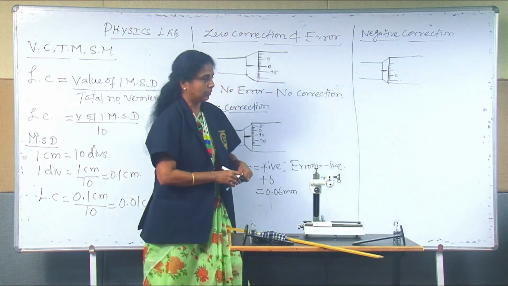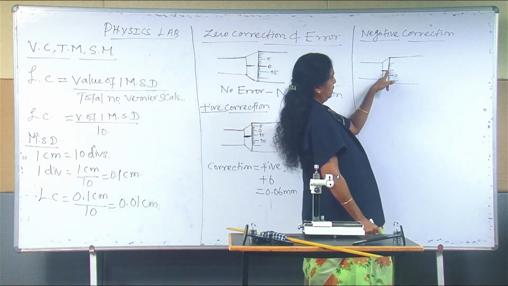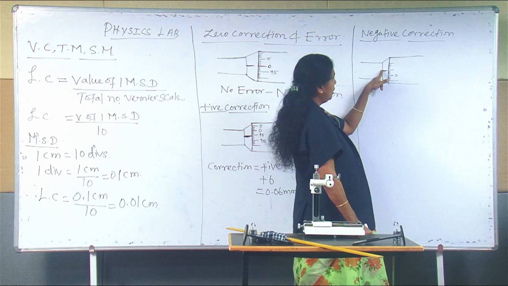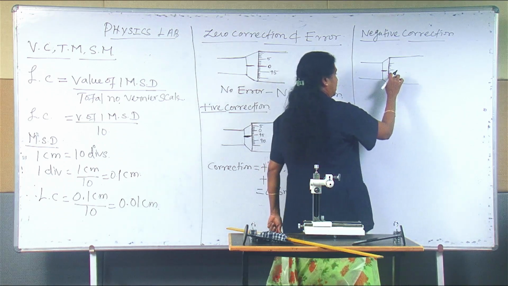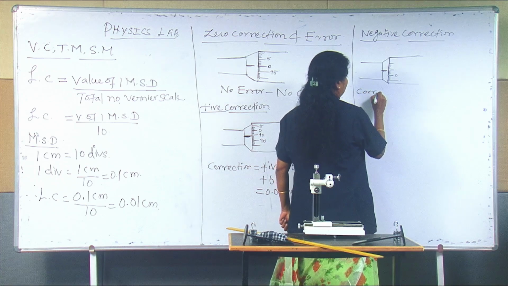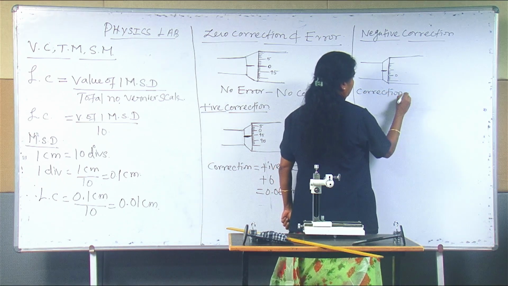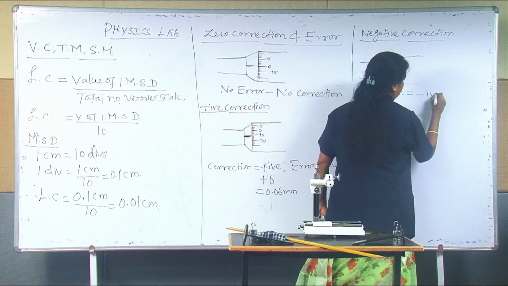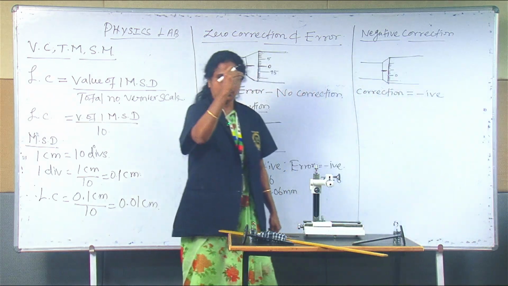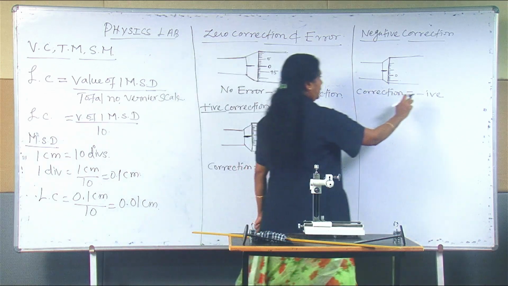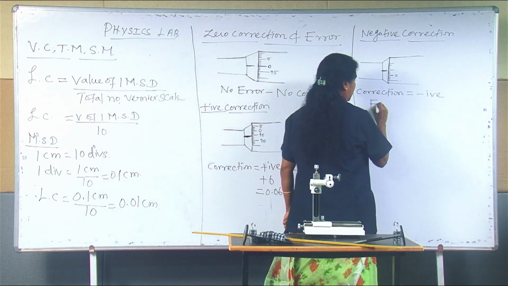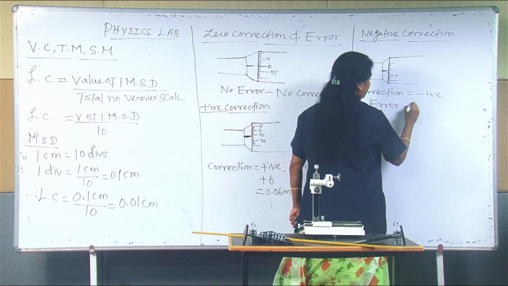look at this diagram, the 0 comes below the horizontal line of the pitch scale. So here the correction is negative. If the 0 comes below the horizontal line of the pitch scale, the correction is negative and hence the error is positive.